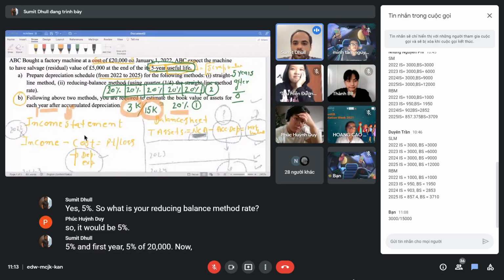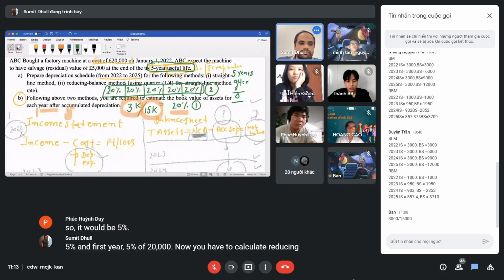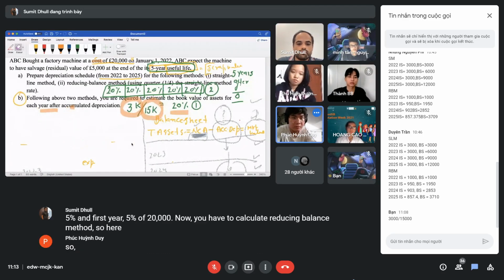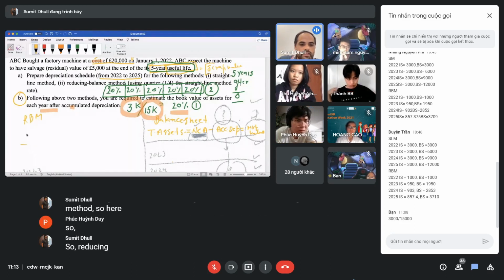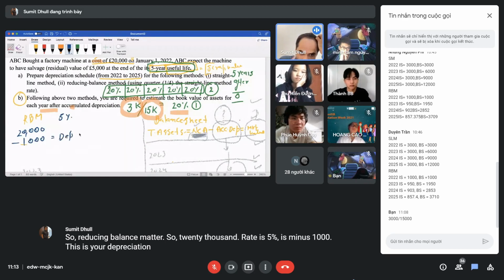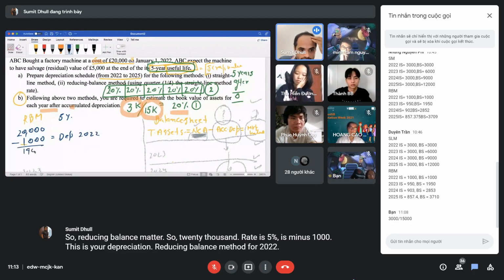Now you have to calculate the reducing balance method. So 20,000, the rate is 5%, is 1,000. This is your depreciation under the reducing balance method for 2022. Then 19,000.